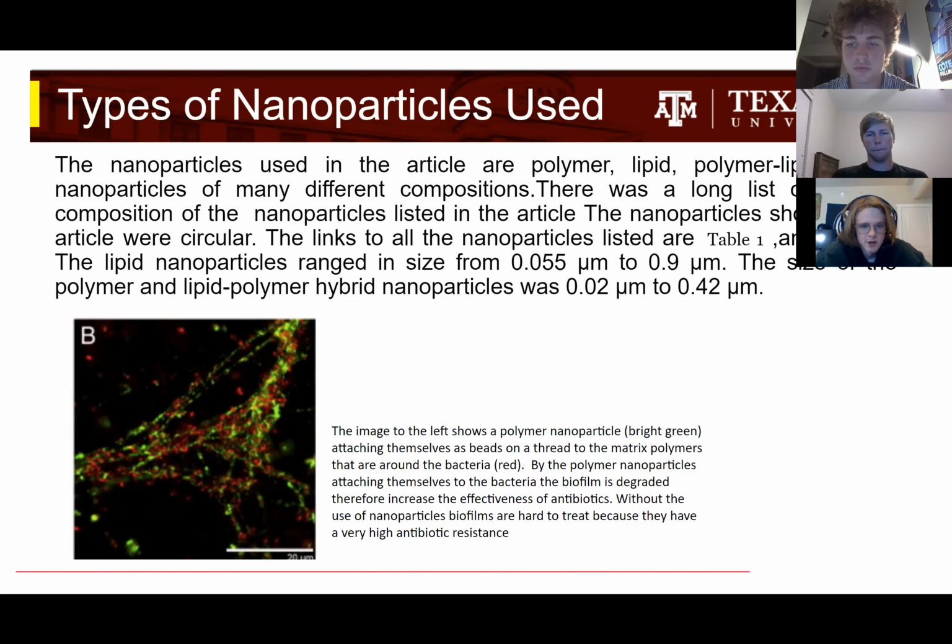As you can see in this picture right here, this is basically showing a polymer nanoparticle breaking down a piece of bacteria. So the nanoparticles are in green and the bacteria is in red. And the whole point behind why there's studies on the use of nanoparticles is because it decreases the bacteria's resistance to antibiotics.